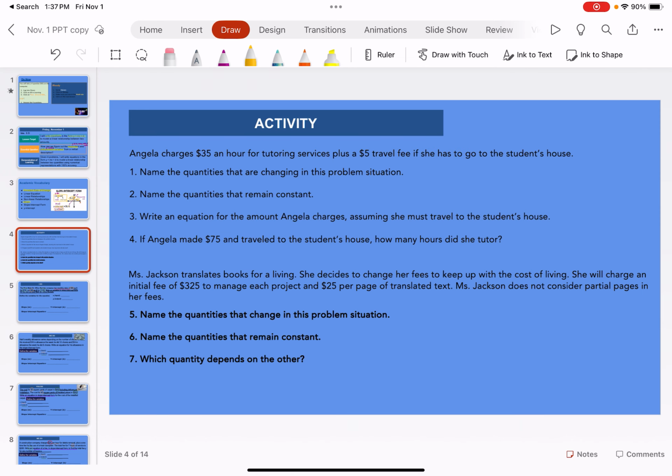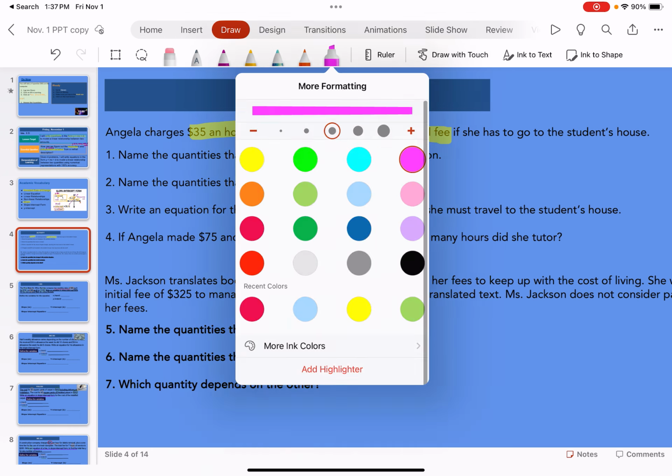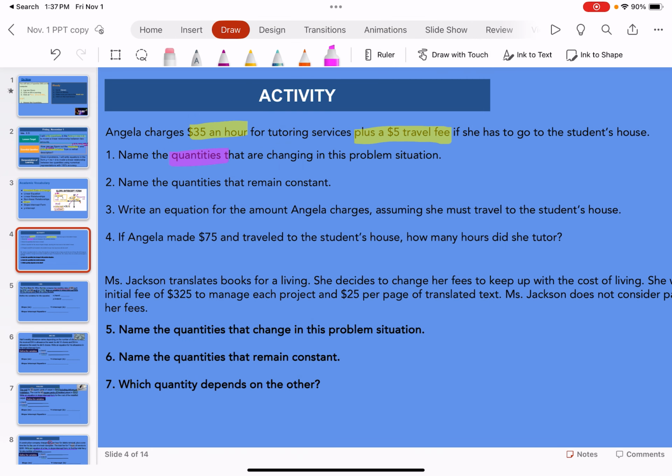Okay, so we have our activity. This activity reads, Angela charges $35 an hour for tutoring services plus a $5 travel fee if she has to go to the student's house. Number 1, we have to name the quantities that are changing in this problem solution. So we have to figure out our x and our y, basically. So the things that are changing.